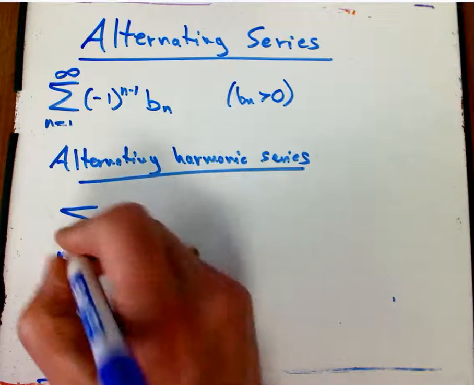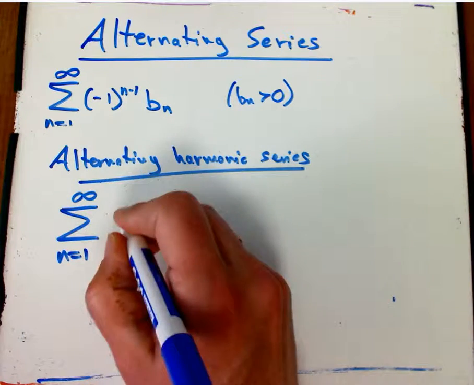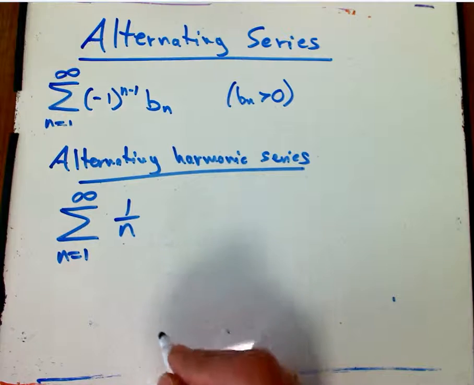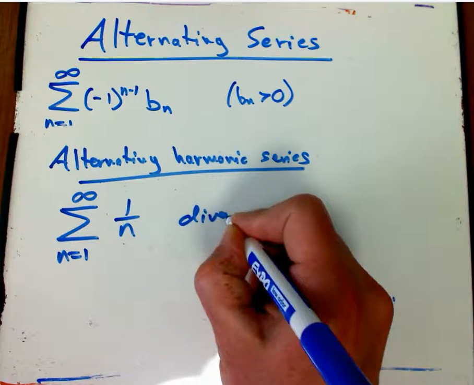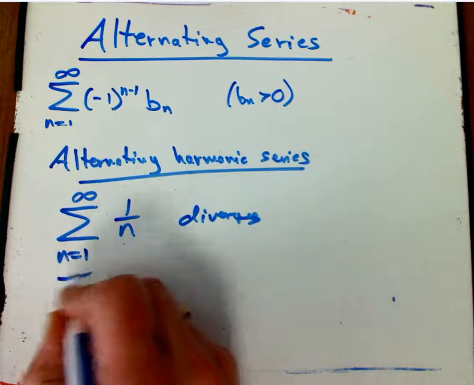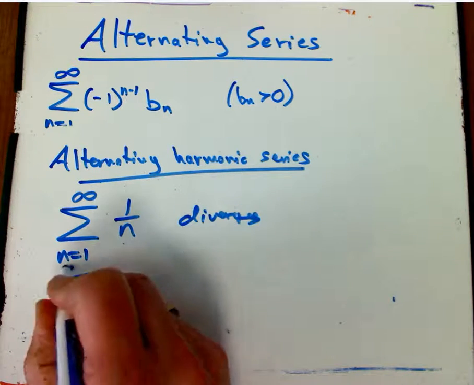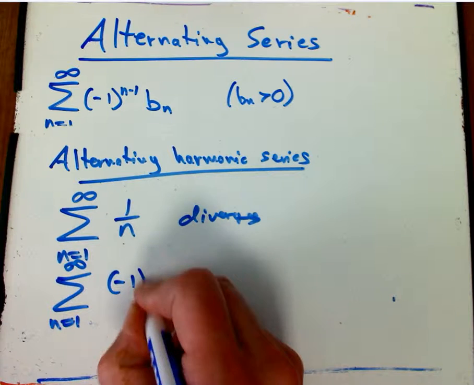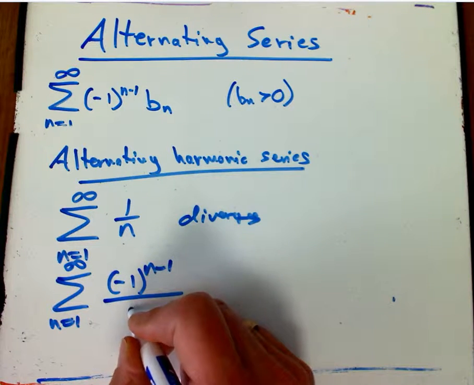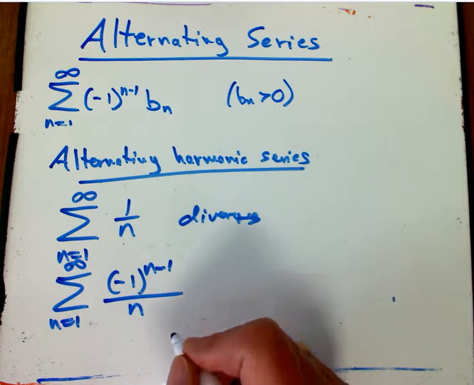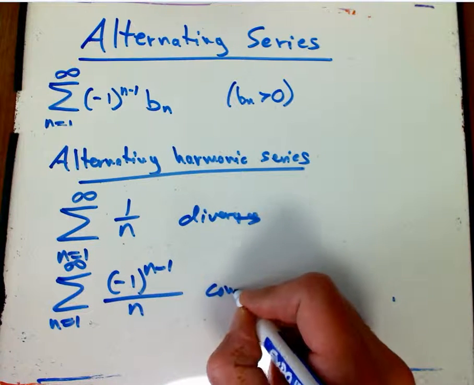You might have noticed I've switched back to n, but whatever. I still like k a lot. That's the harmonic series. We know that diverges. That's not alternating. But the sum, if I put in signs, and let's just have it with the n-1 convention so that it ends up starting with plus, that converges.